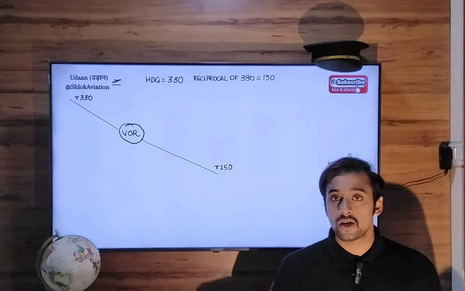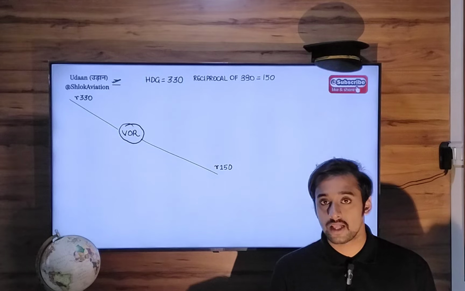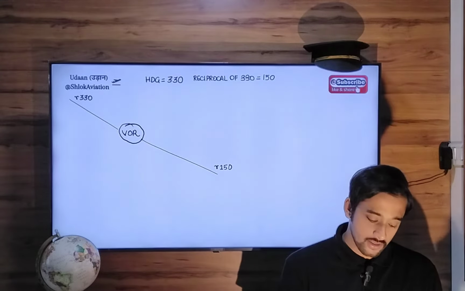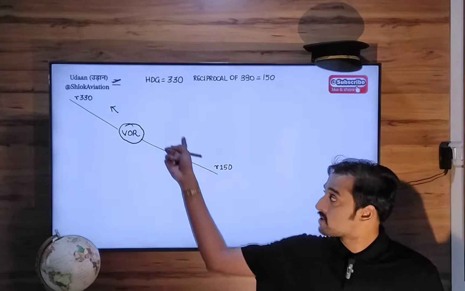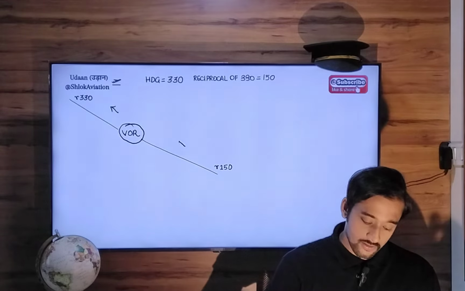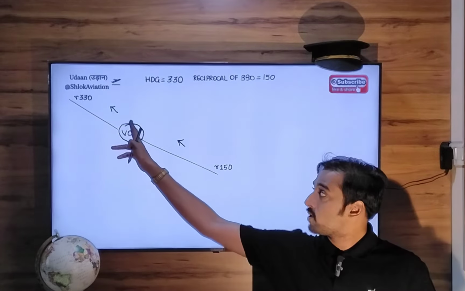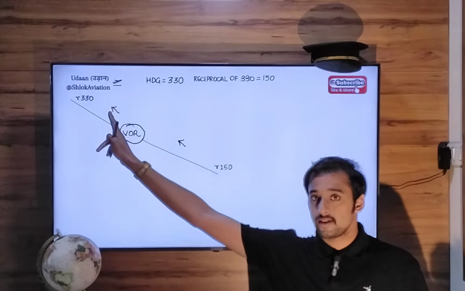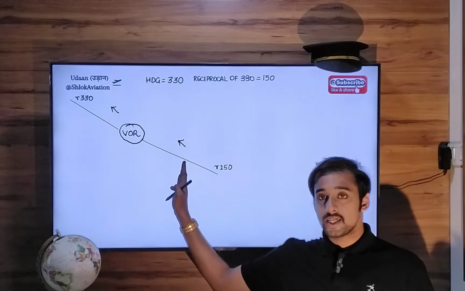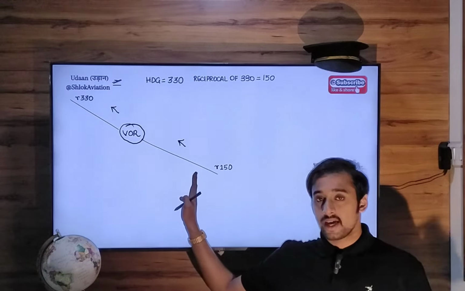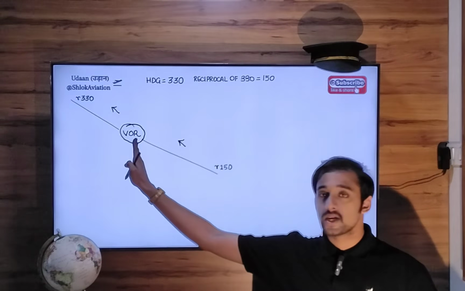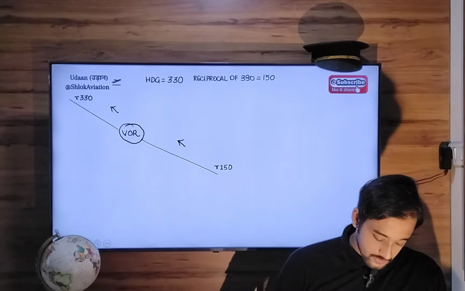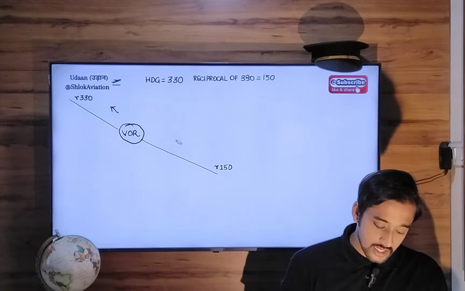If you're flying towards the station on a heading of 330, you can fly on a heading of 330 on that side of the station and also on this side of the station. But if you're flying on a heading of 330 on this side of the station, you will be flying away from it. So your aircraft is on this side of the station, and then and only then it will be possible to fly towards that station, right?